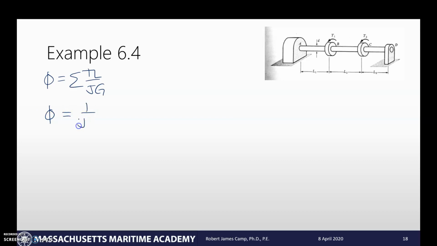This is going to be 1 over JG because each individual part is JG. And then I'm going to have T_AB L_AB plus T_BC L_BC plus T_CD L_CD. And so that's going to give us our angle of twist all the way through.